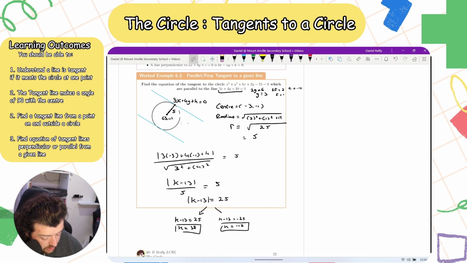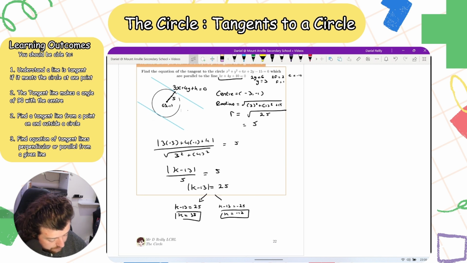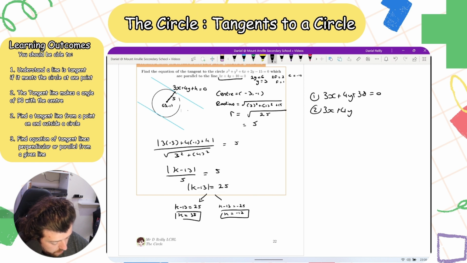Therefore, my two equations are going to be 3x plus 4y plus 38 equals 0, and 3x plus 4y minus 12 equals 0. That is the equation of the two tangent lines. Right?